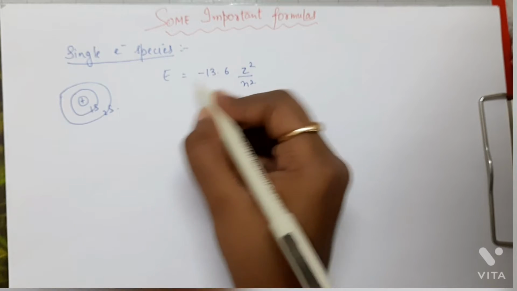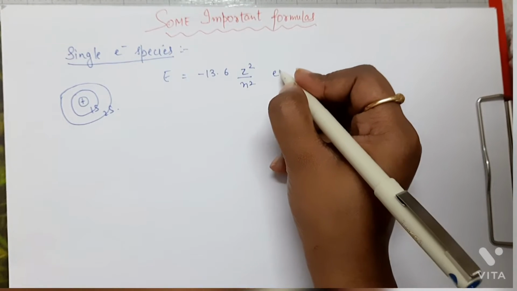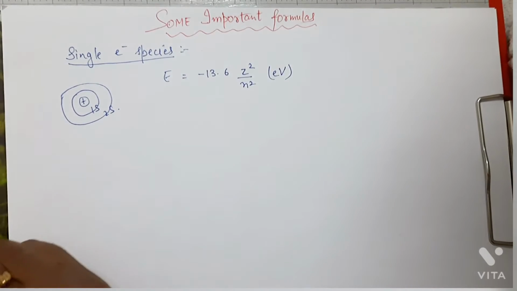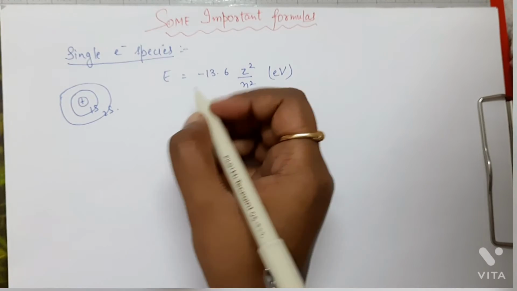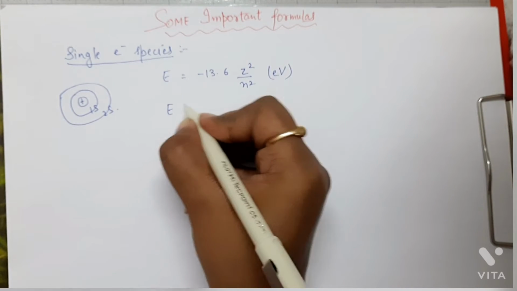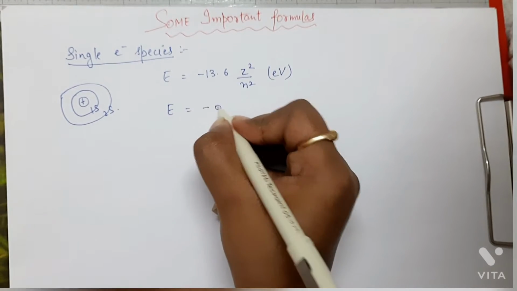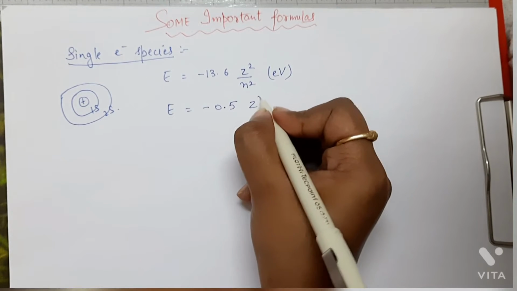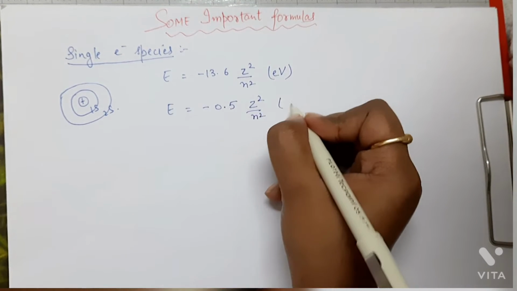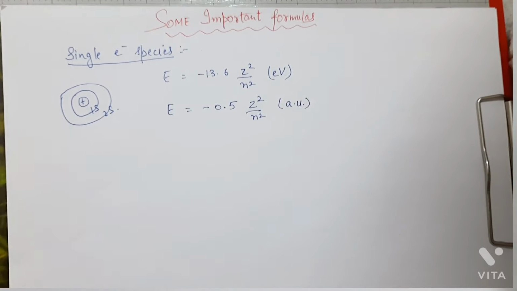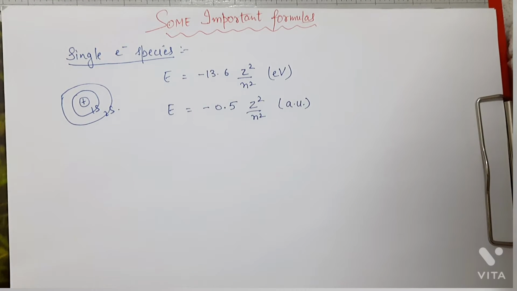This is the formula to find out the energy in electron volt. This is the first formula. After this, we can have the formula E is equal to minus 0.5 into Z square by n square in atomic units. This is the second formula.